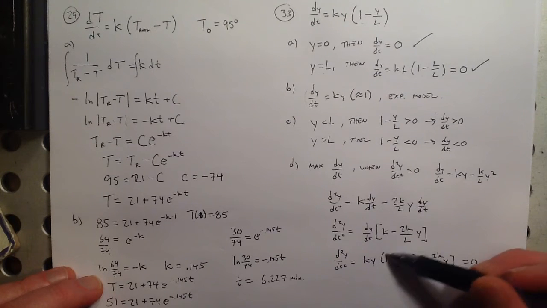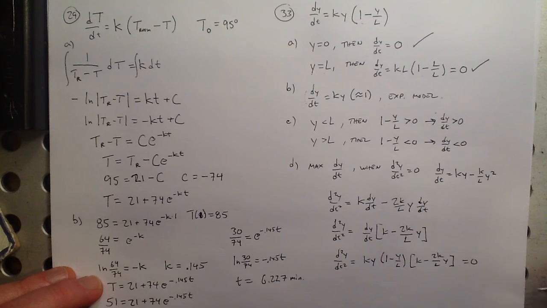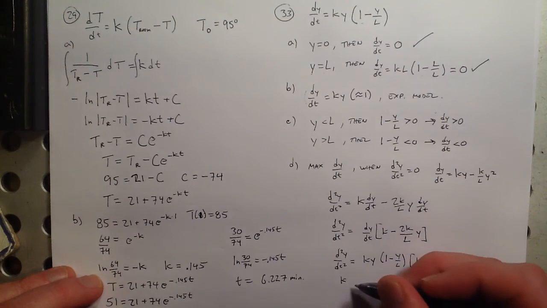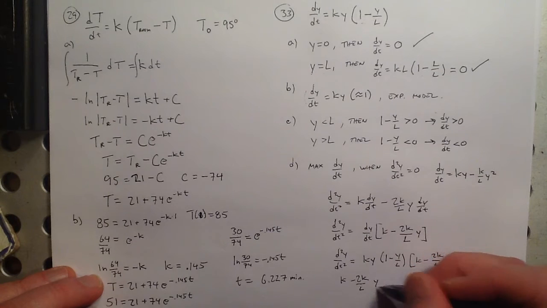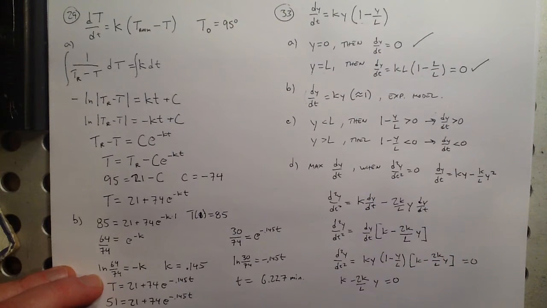And actually when you're at 0, this is equal to 1. So we're not going to be at the carrying capacity. So this factor is not equal to 0. That can't be equal to 0. It must be this factor that's equal to 0. So it must be k minus 2k over L times y equals 0.